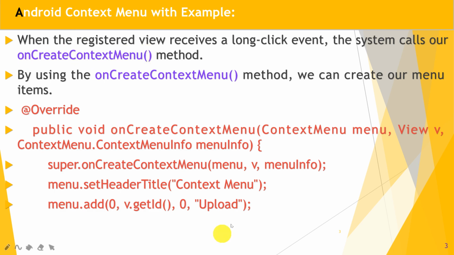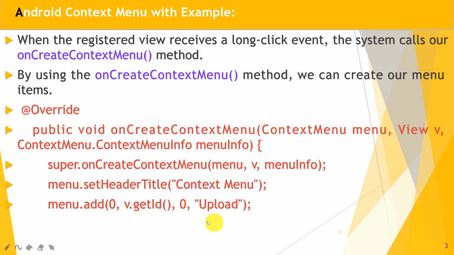By using the registerForContextMenu method, we register our view for the context menu. And automatically when a long click event appears on that view, the onCreateContextMenu method executes, and we write the action in the body of onCreateContextMenu.